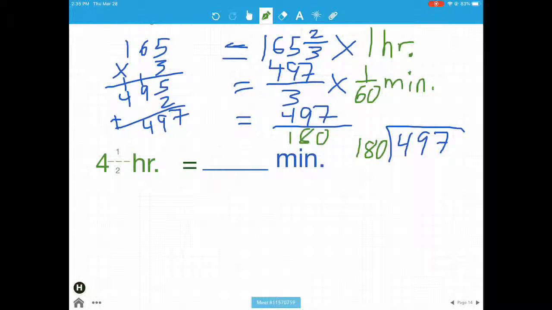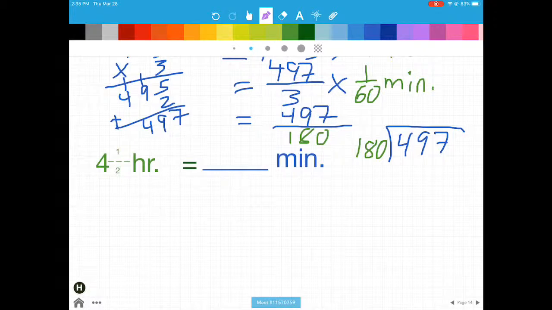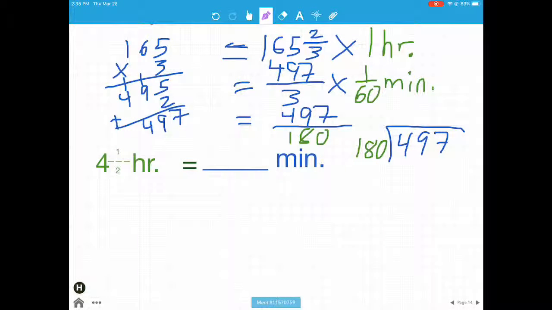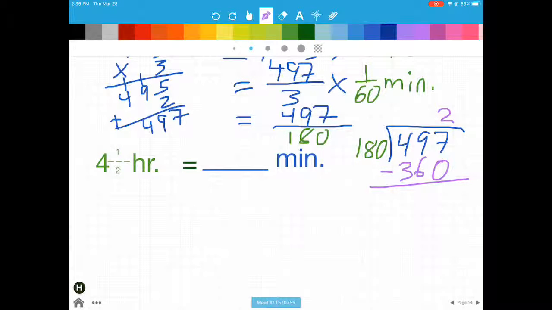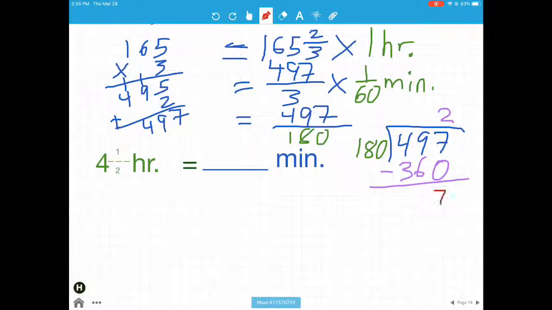So that's too much. So I'm going to go twice. 2 times. Okay? And that is 360. It's a really big number, I know. I just want to prove a point here.